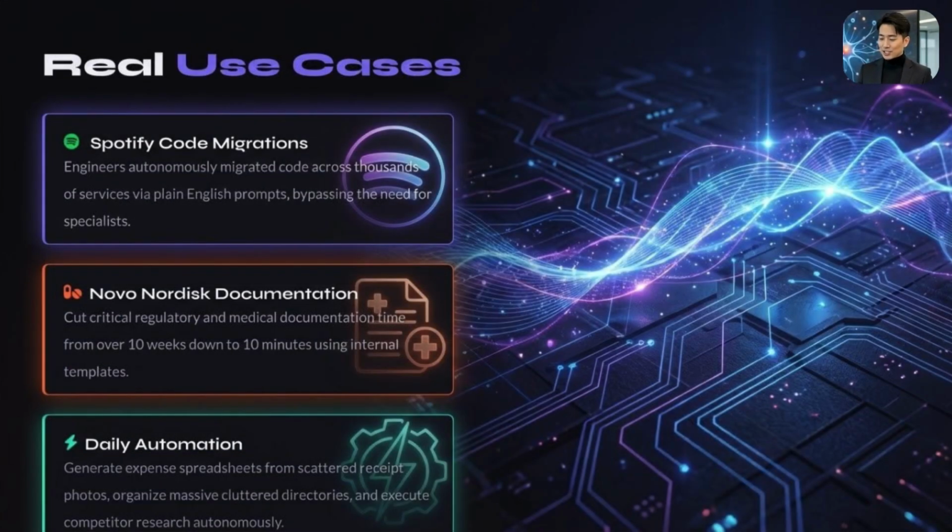Let's look at what this actually looks like in the real world. At Spotify, engineers used Claude to autonomously execute code migrations across thousands of services, turning a monumental technical hurdle into a simple, plain English prompt. At Novo Nordisk, their Claude-powered platform cut documentation time from 10 weeks down to just 10 minutes.